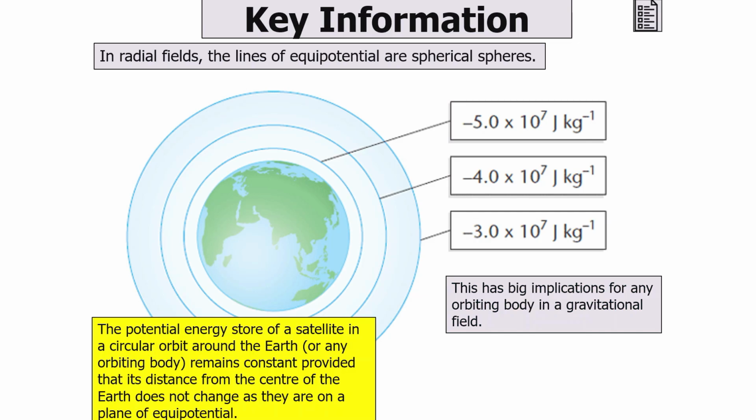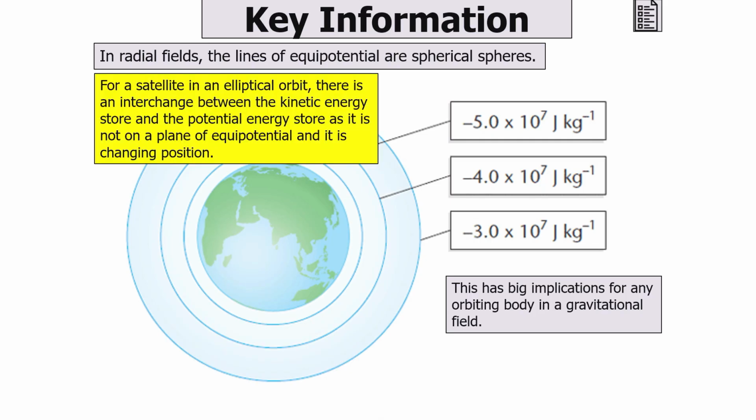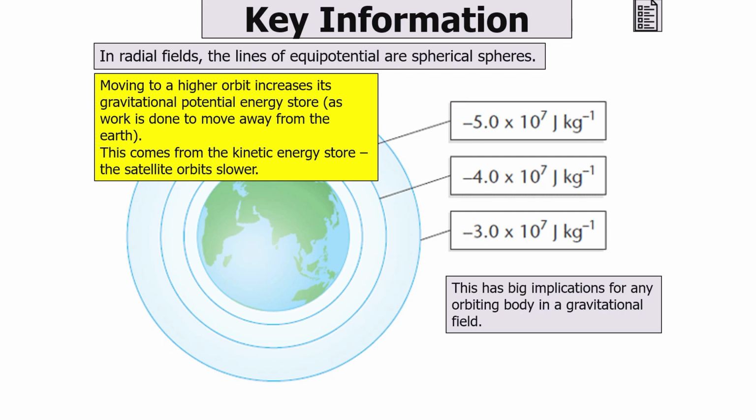The potential energy store of a satellite in a circular orbit around the Earth, or any orbiting body, remains constant, provided that its distance from the centre of the Earth does not change, as it's on a plane of equipotential. For a satellite in an elliptical orbit, there is an interchange between kinetic energy stores and potential energy stores, as it's not on a plane of equipotential and is therefore changing position. Moving to a higher orbit increases this gravitational potential energy store as work is done to move away from the Earth.